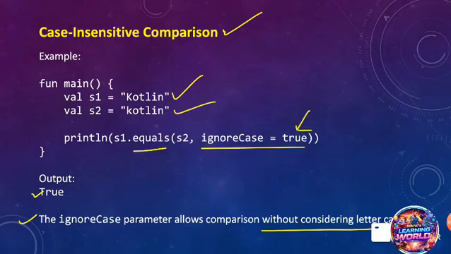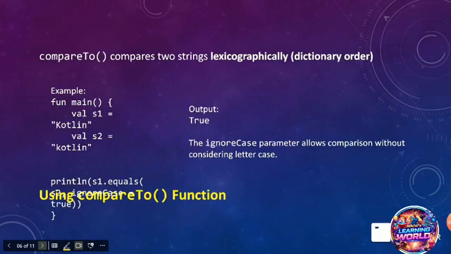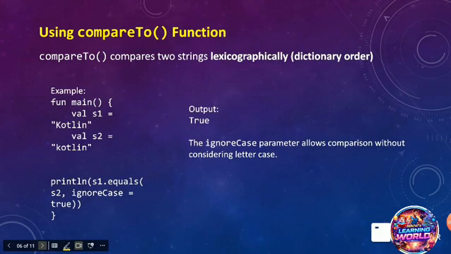So what will be the output here? Obviously it will be true, because it ignores the case. But keep in mind that Kotlin preserves the case of the letters. In scenarios where we want a case-insensitive comparison, we can use this inbuilt equals function and ignore the case.